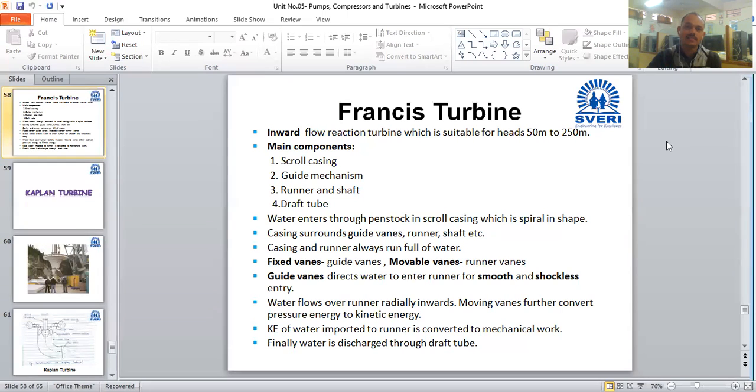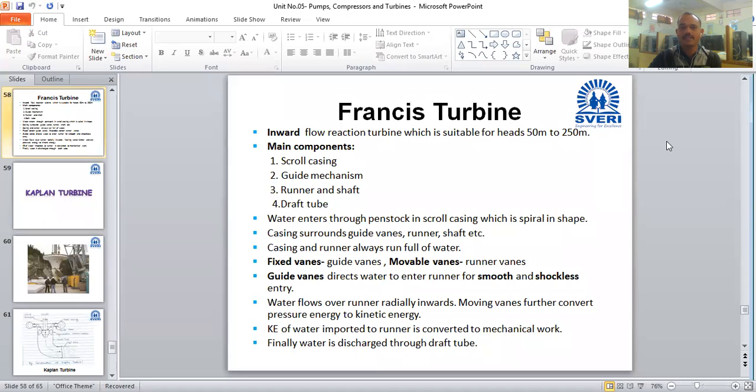In it, a water jet is created which has only kinetic energy, and with that energy the water jet strikes the buckets of the turbine and the turbine rotates. The shaft of this turbine is connected to the generator, and when this shaft starts rotating, current is produced. This is related to the Pelton turbine.